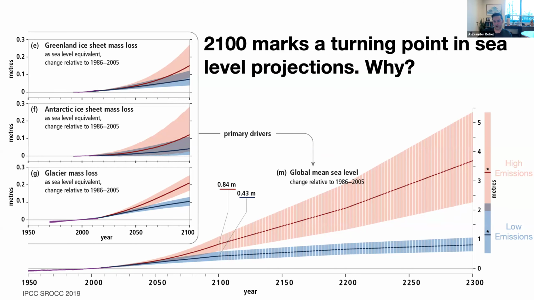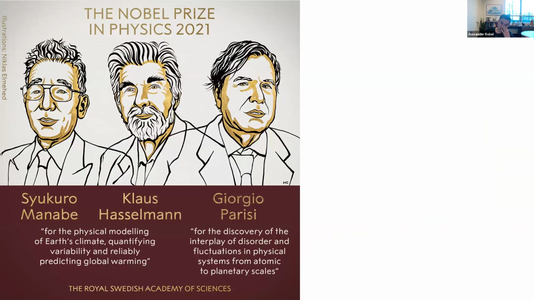And so understanding this uncertainty is really important, and that's what I'll be talking about in the first part of my talk today. This problem is particularly relevant to the physics community. In 2021, I'm sure folks on this call are very familiar with the recipients of the Nobel Prize, which included two climate scientists, Syukuro Manabe and Klaus Hasselmann.